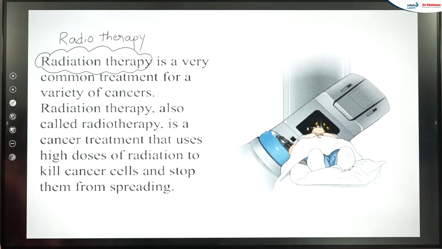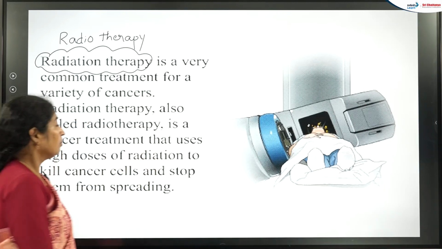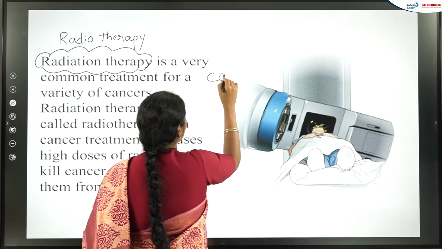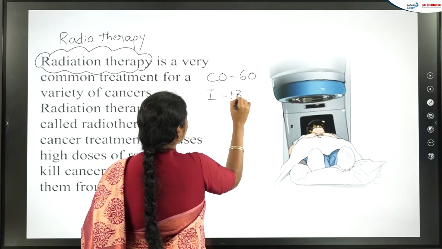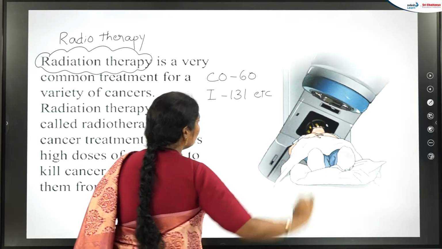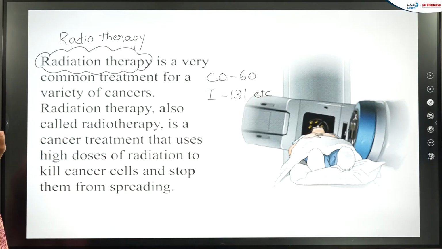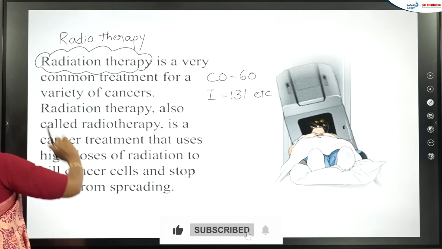Radiotherapy is a special type of therapy where we are killing, or irradiating, the cancerous cells by using some substances, for example cobalt 60 or iodine 131. But during this time we have to take care of normal cells also.